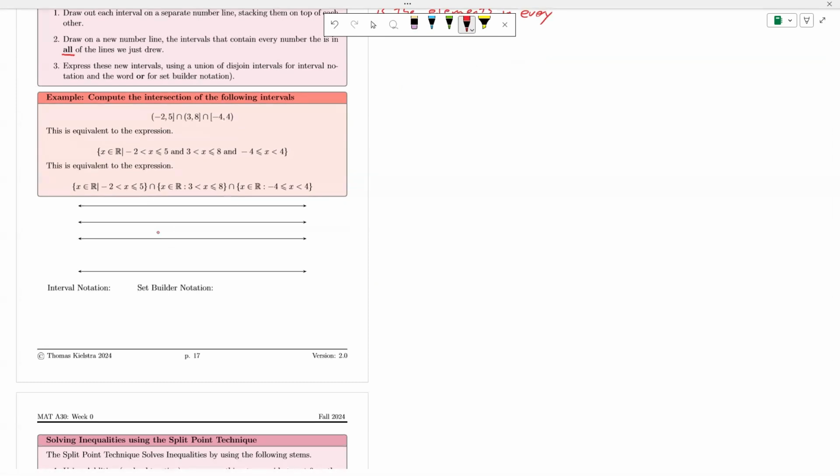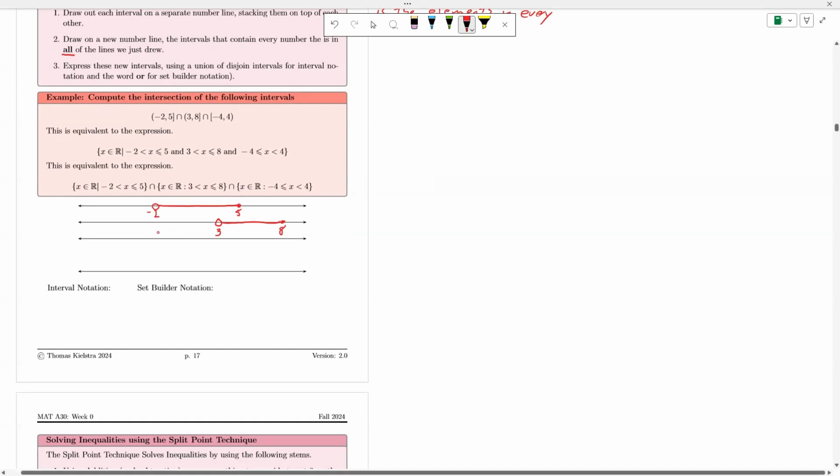But let's start with -2, which I'm not including, up until 5 that I am including. And now I have 3 that I'm not including, up until 8, which I am including. And finally, I have from -4 that I am including, up until 4, which I'm not including.